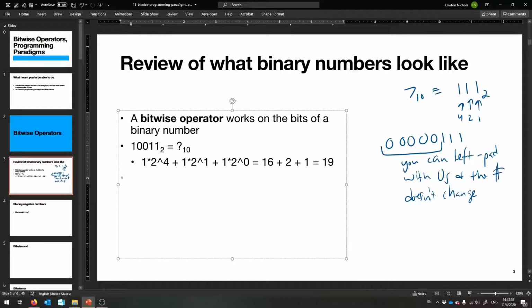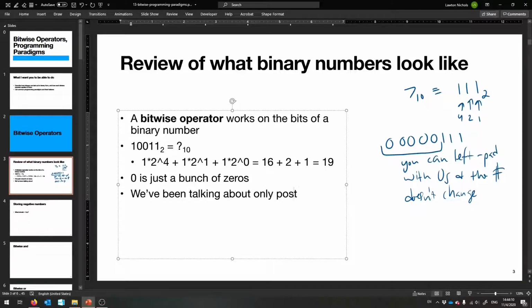We have been talking about primarily positive numbers. 0 is just a bunch of zeros, and we've been talking about nothing but positive numbers. But the idea is we have the int type, and it holds negative numbers.